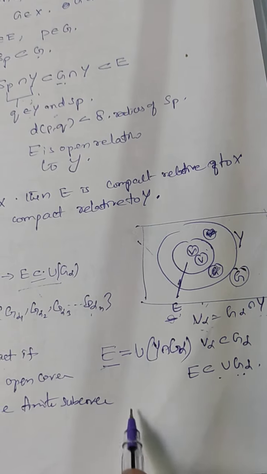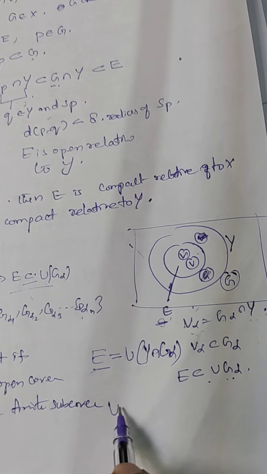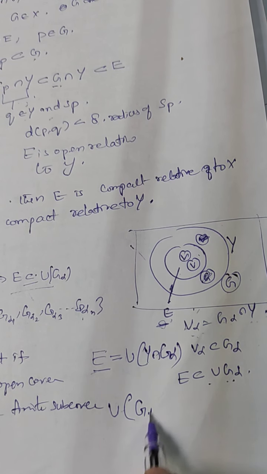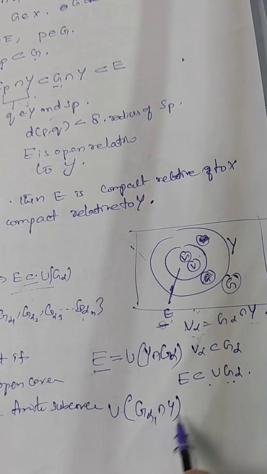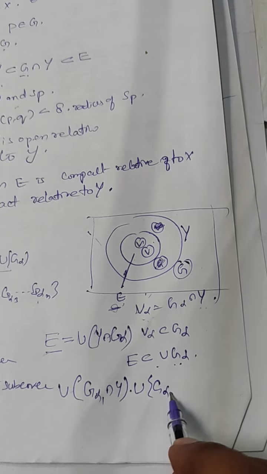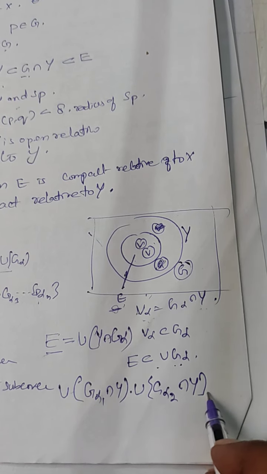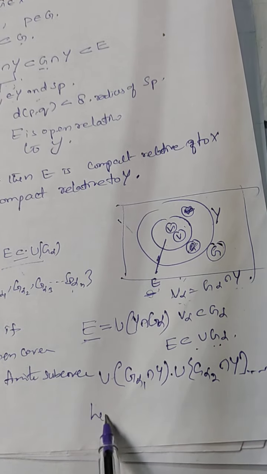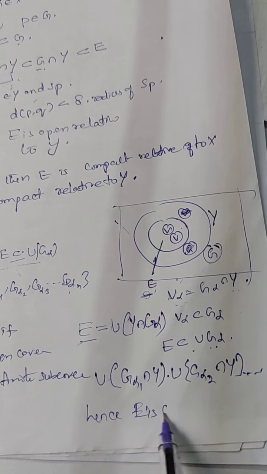Since E is compact, we can write the union of G alpha 1 intersection Y, union G alpha 2 intersection Y, and so on up to a finite number of times. Hence we conclude E is compact.